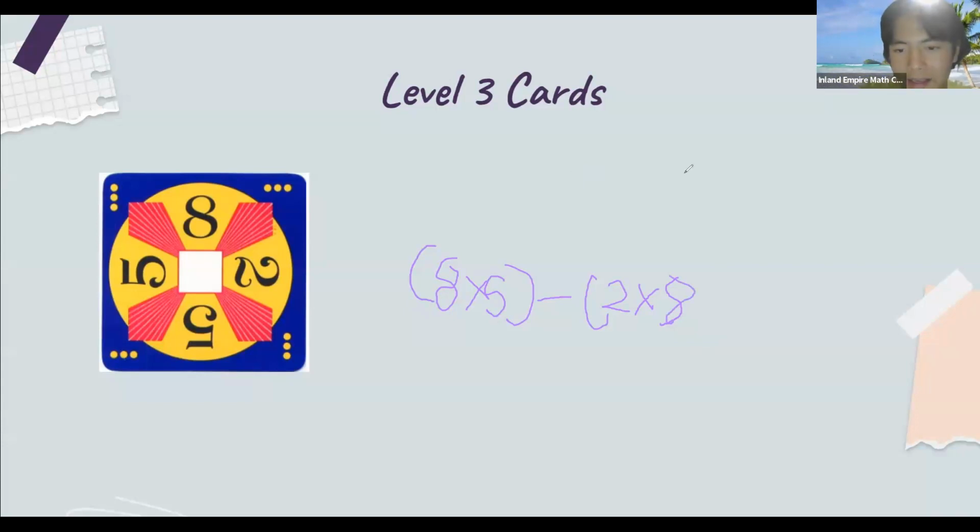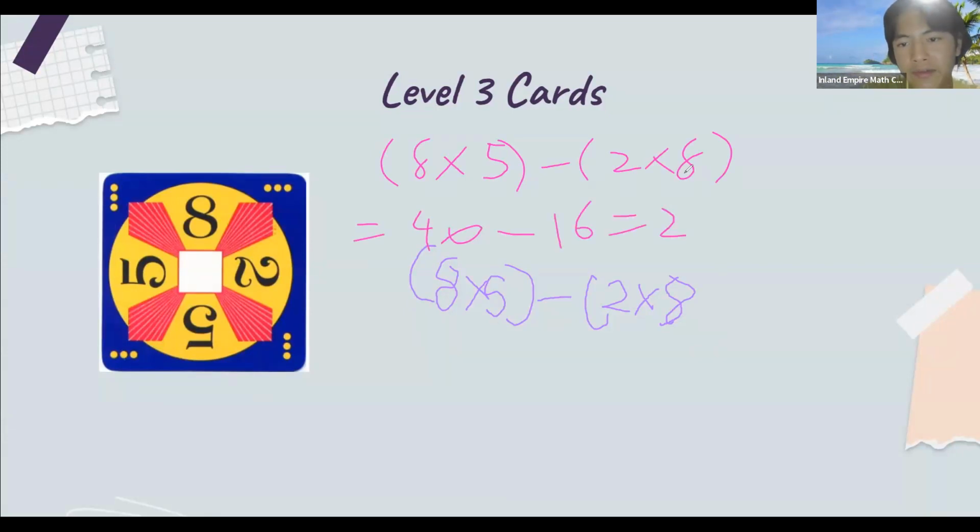One of them is 5 times 8 minus 2 times 8. And that would give you 40 minus 16 equals 24. So that's one solution. I'm going to take this out of the way real quick, okay?